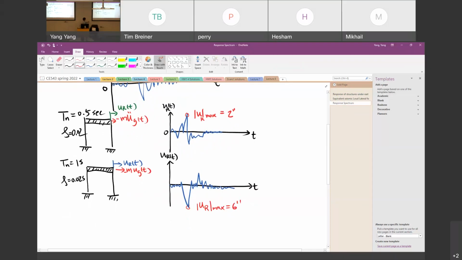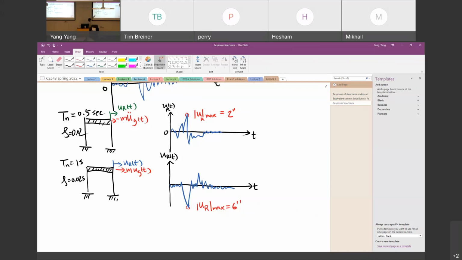For example, for this structure, the maximum displacement may be 6 inches. Does that make sense?